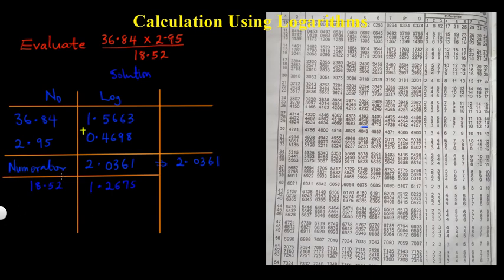Since there is no other number to multiply, let's say our denominator now equals 1.2675. In indices, division will change to subtraction. So we are going to subtract these two from each other. We borrow 1 to this place, making it 11.